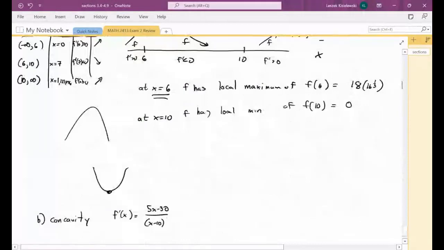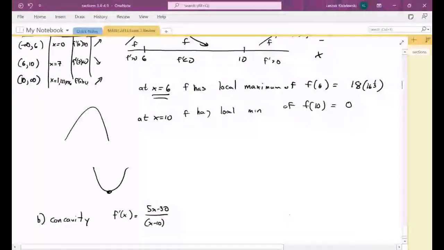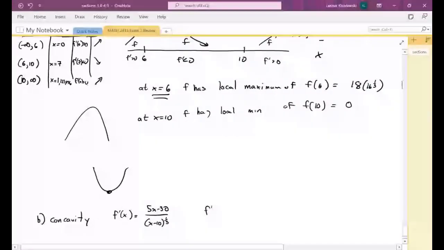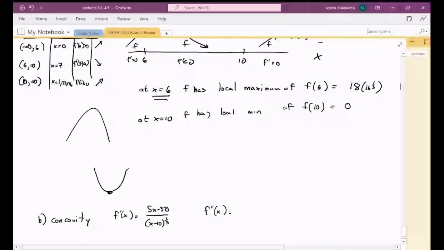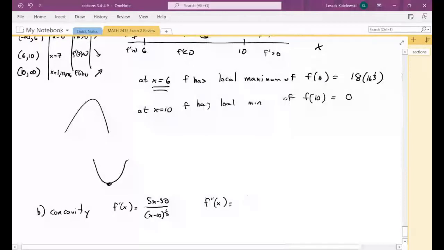Was that 1/3 or should it be 2/3? Right, then we can compute f double prime. So I guess that would be either product or quotient rule. I'll use quotient rule.